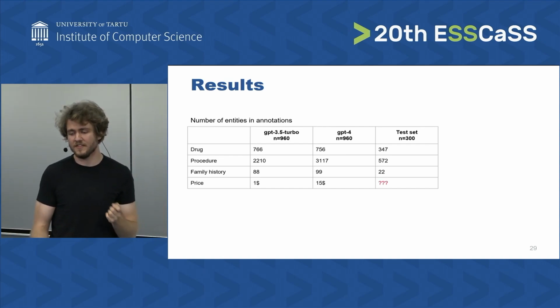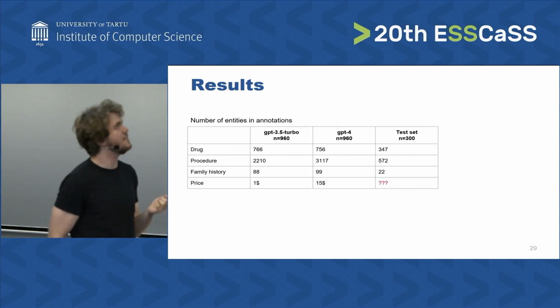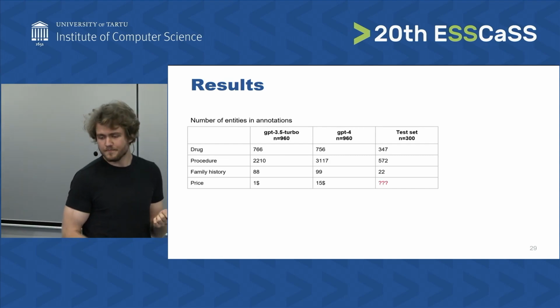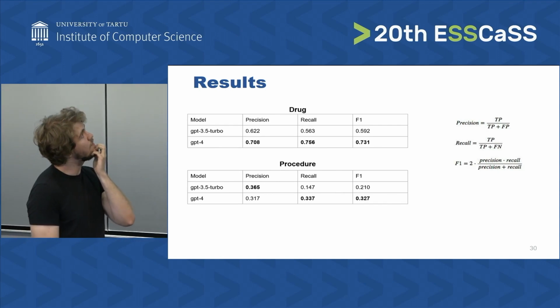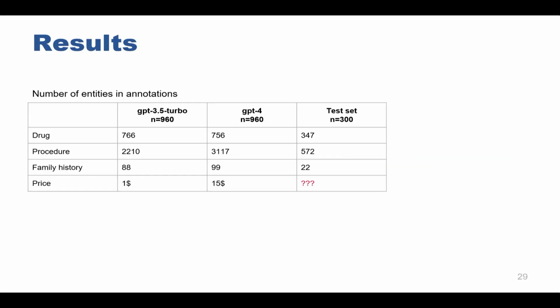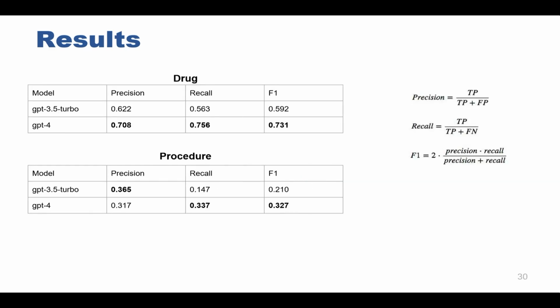And it would be interesting to compare this with GPT performance. And so the results from this, because there was too few data for family history, the model really didn't train it. But the drug and procedure we had some indications with.